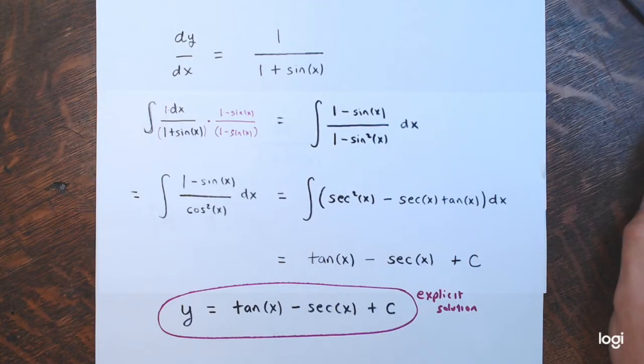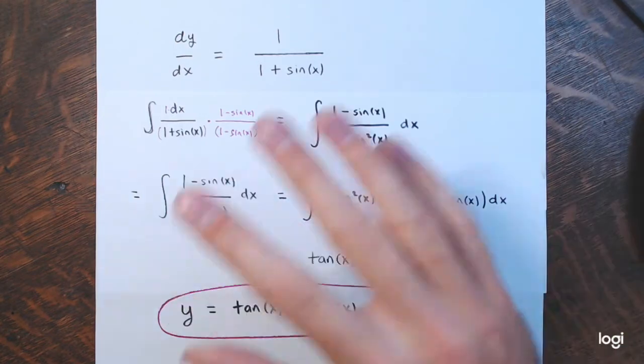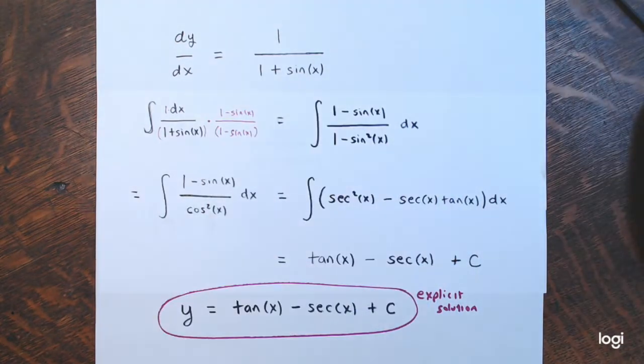Okay, so there's one example where some trig was involved, trig identities, multiplying by conjugates. Again, there are lots of techniques that you hopefully learned and just need to go and brush up on and review from Calc 1 and Calc 2. Maybe it's been a while. Just wanted to show you some.